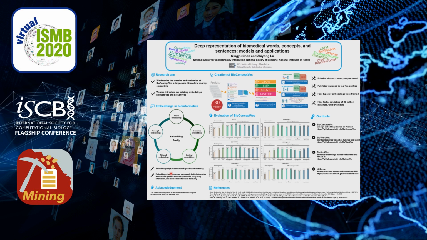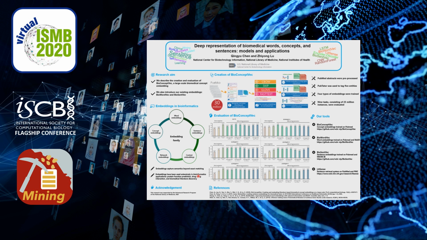Why do we need to use embeddings? First, it captures semantics beyond exact matching. For example, cancer and tumor are two different words. They have very different lexicons. However, their semantic meanings are very similar. If we use traditional term matching methods, we couldn't find them.